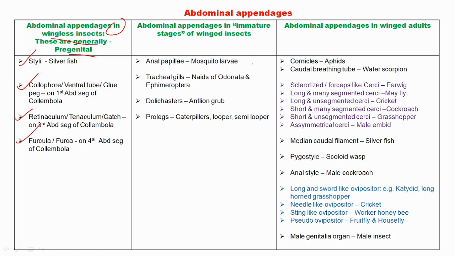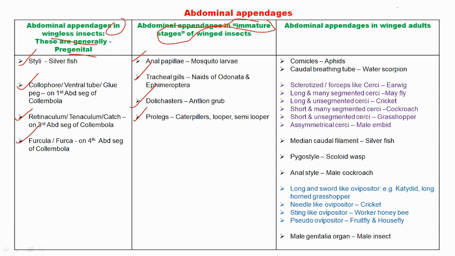In the next category, abdominal appendages in immature stages of winged insects, that is, the larval stages, include anal papillae, tracheal gills, dorsal casters, prolegs.